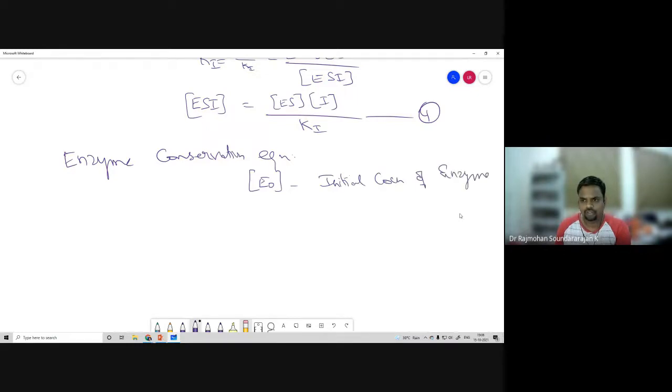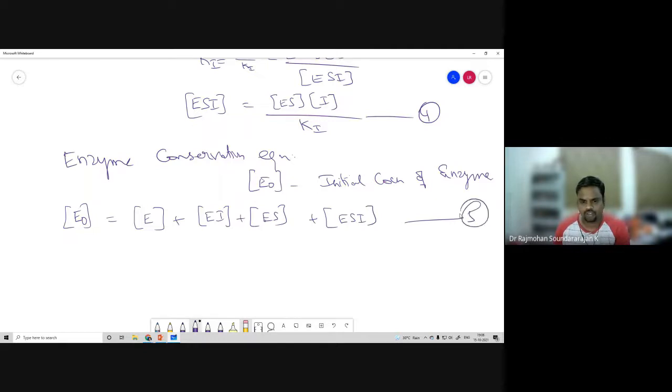There are many forms in which the enzyme can be available. So E naught equals E plus EI plus ES plus ESI.